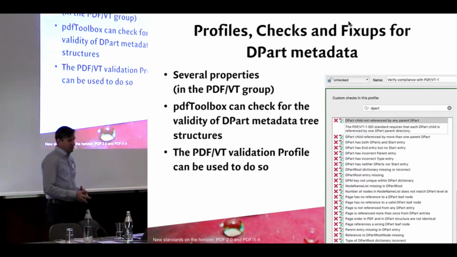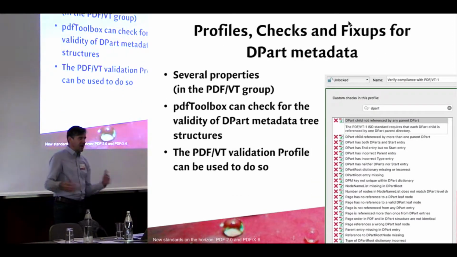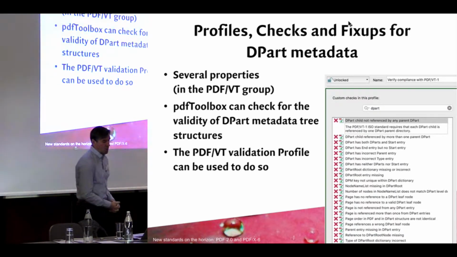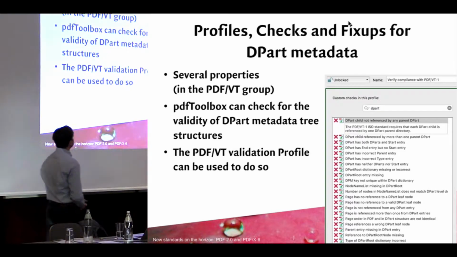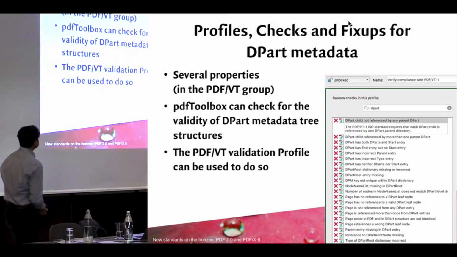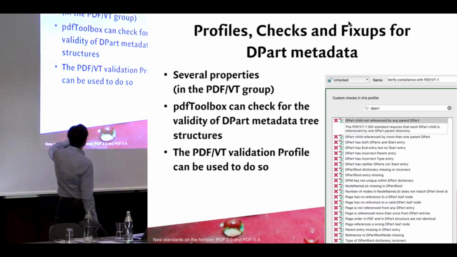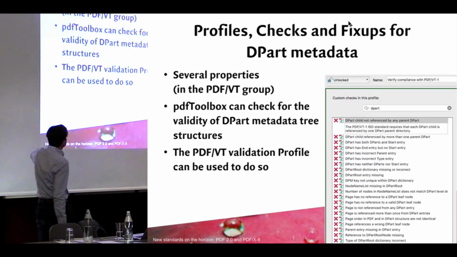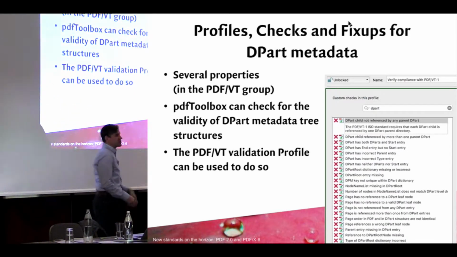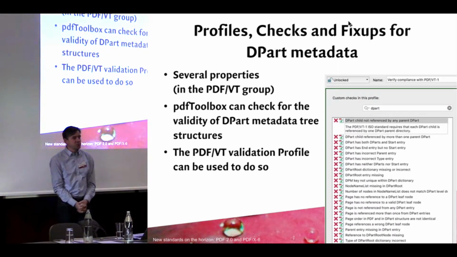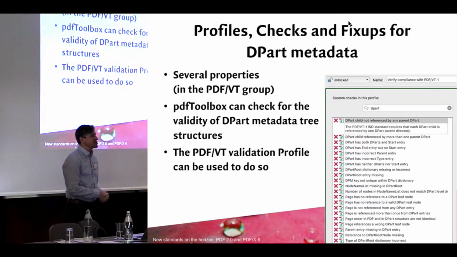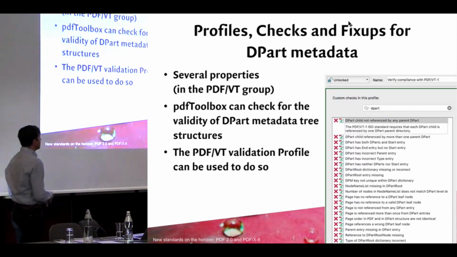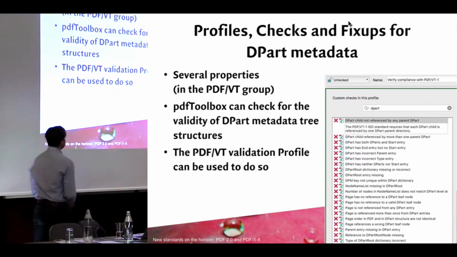I briefly want to go over these features again and explain for each of them what is in pdfToolbox. Again, DPart metadata, the metadata hierarchy. We have a validation profile for PDF v2 that not only checks for the presence of DPart metadata, which is in the has pdf2o features profile, but also for the validity of the whole metadata structure.